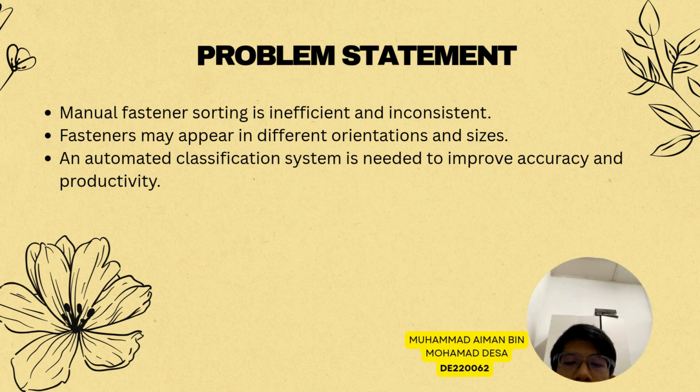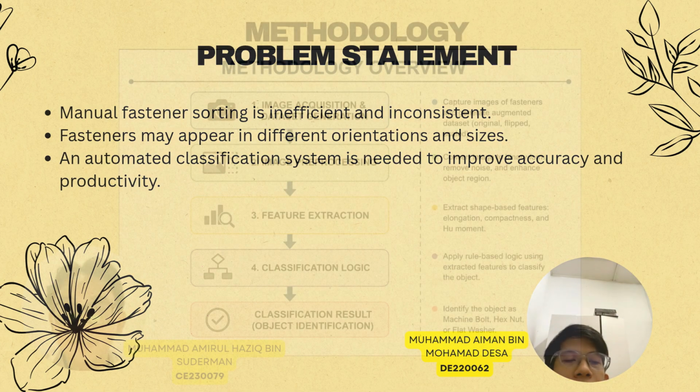Therefore, an automated computer vision system is needed to classify fasteners accurately and improve production and consistency in manufacturing processes.